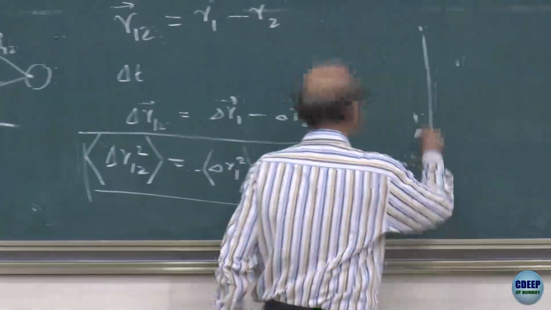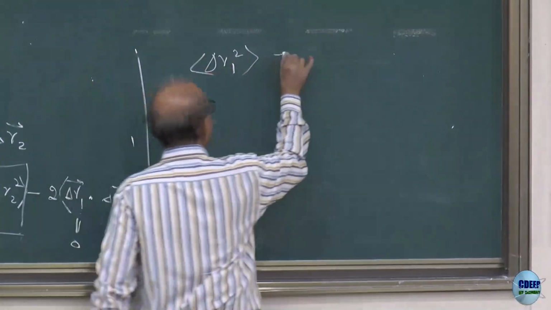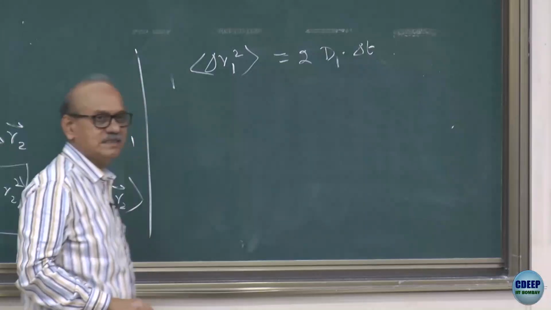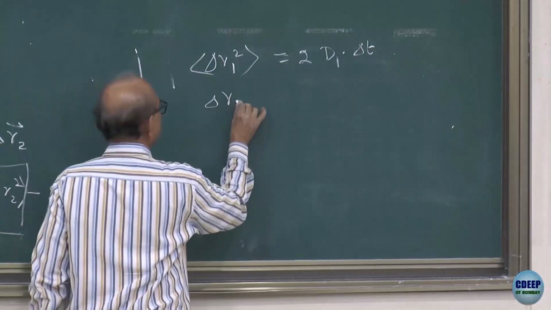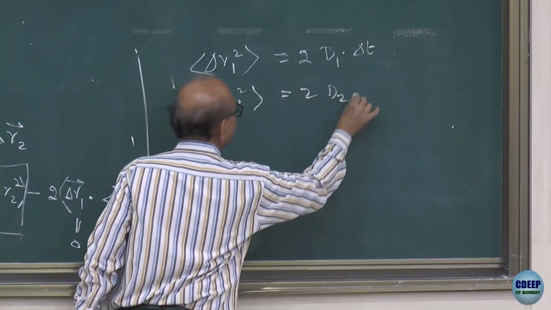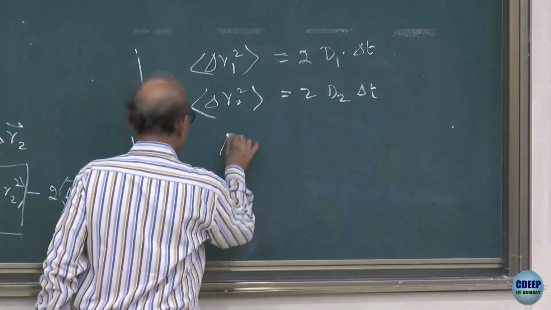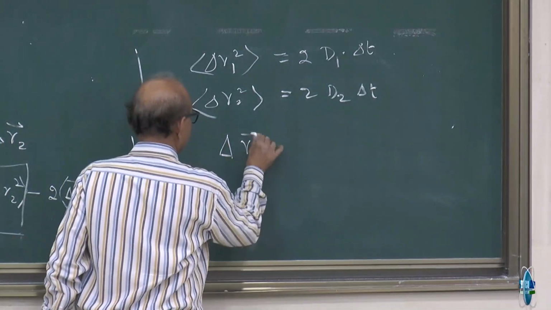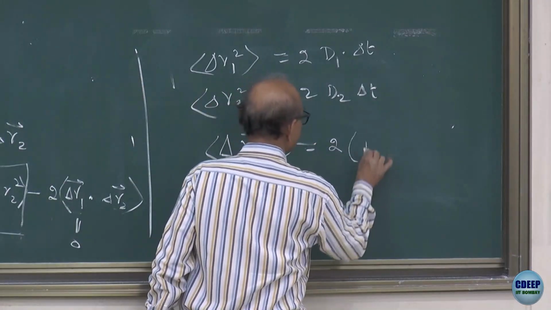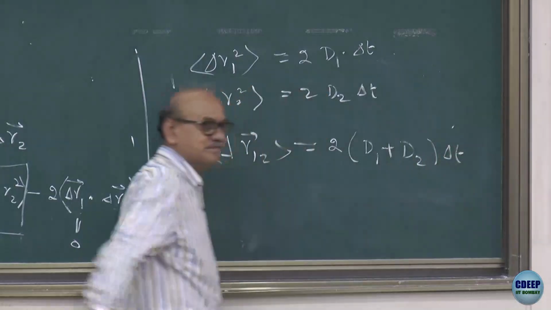So, we have delta R1 square average is twice D1 into delta t. So is it for delta R2 square expectation, 2 D2 into delta t. So, my delta R12 square should be equal to 2 of D1 plus D2 into delta t.